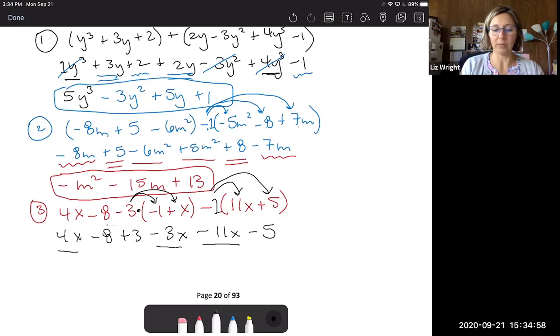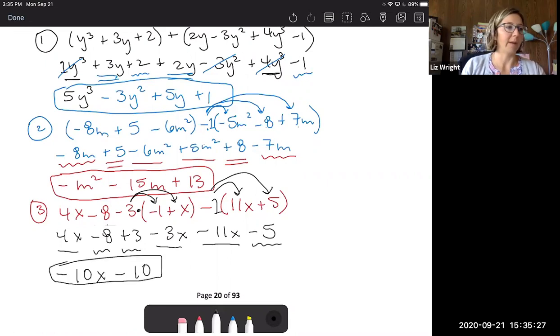And my brain likes to do the 3x and the 11x first because I know I'm going to get negative 14x plus a 4x, which should give us a negative 10x. And then finally over here, we should be getting negative 8 plus a 3 minus a 5. And again, I like to do the negative 8 and the negative 5 in my head, thinking I've got negative 13 plus a 3, which is going to give me negative 10 for my final answer.